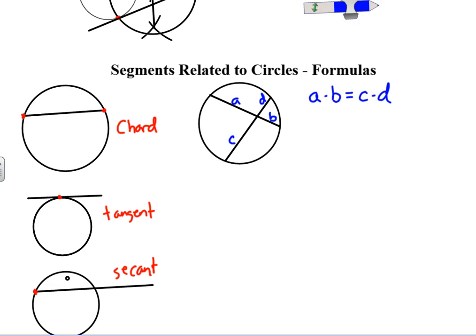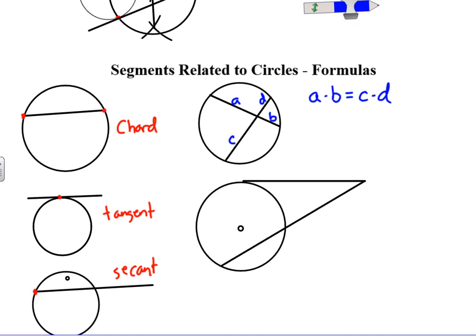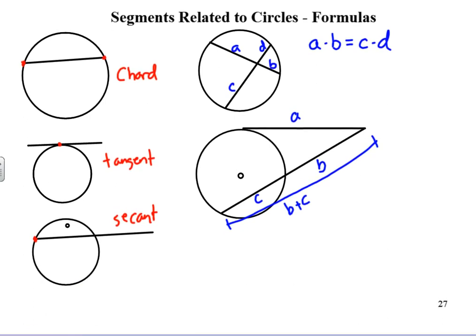The second relationship that we have to be aware of is when we have a tangent and a secant. And so in this case, let's call this A, let's call this B, let's call this C. And so if this is B and C, the whole length of this would be B plus C. So the way this formula works is it's A squared equals B times B plus C. The outside length times the whole length.